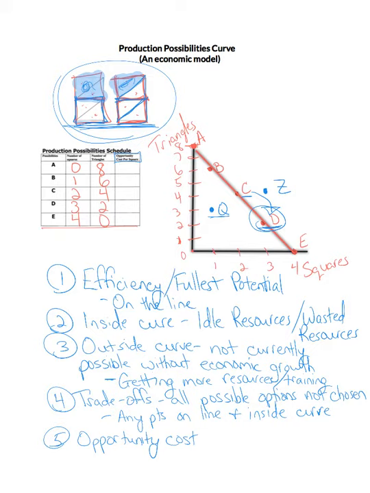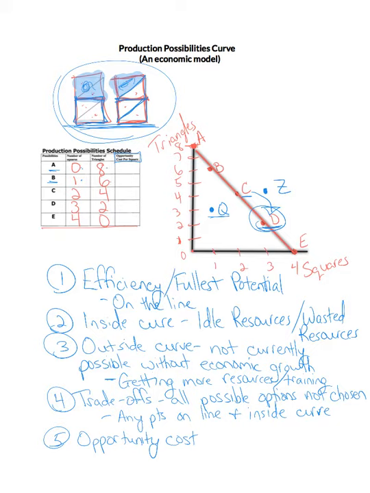So opportunity cost per square. What this means is how many triangles do I have to give up to get one square? So for example, going from point A to point B, I'm going from 0 squares to 1 square. In order to get 1 square, how many triangles do I have to give up? 2, right?